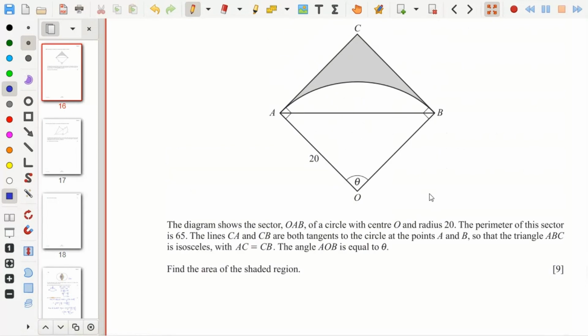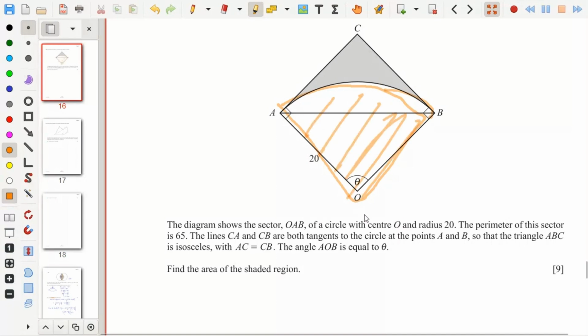Okay, so now let's look at this one. In the diagram, we have a sector, and the sector is OAB. So this is a sector, what looks like the African map.